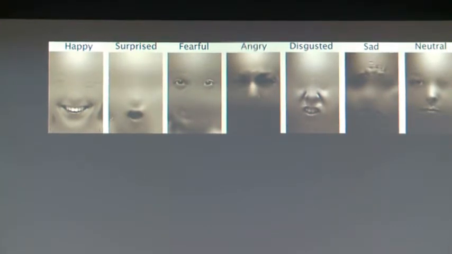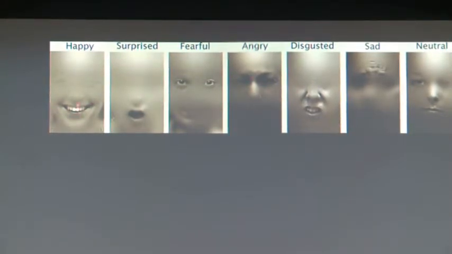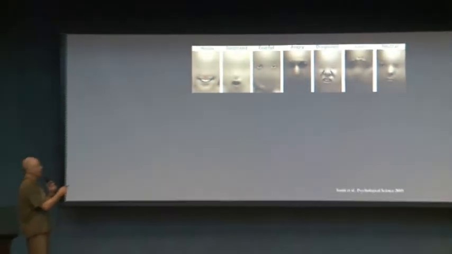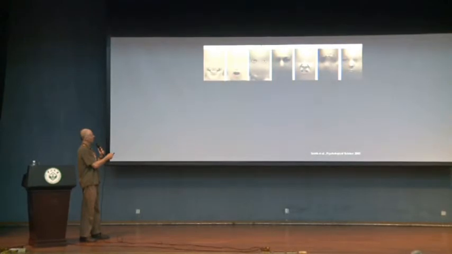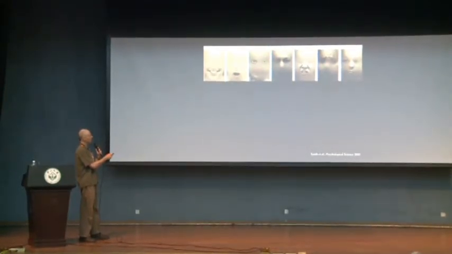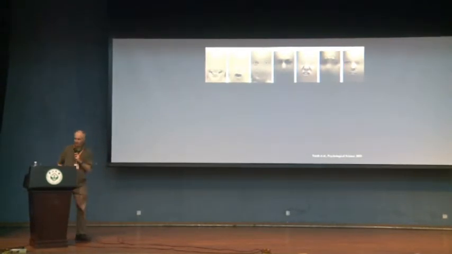These results show that you, as viewers, would make a lot of use of the mouth region of the face, the smile, to figure out if somebody is happy, of this to figure out surprise, and you make a lot of use of the eyes in particular for the emotion fear.